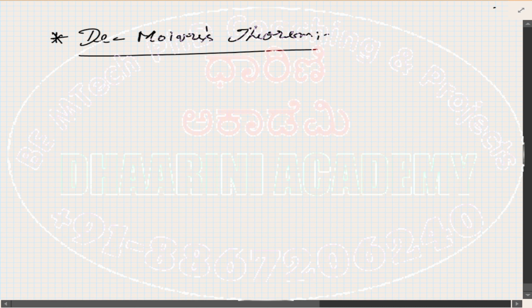We have various types of statements of de Moivre's theorem, all leading to various types of applications. So the first statement is like this.